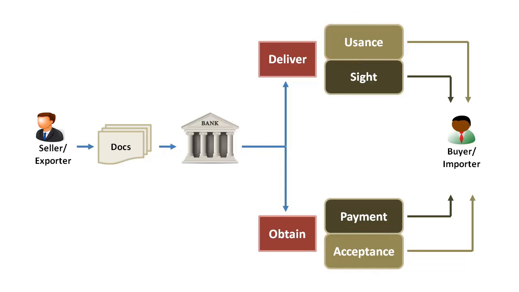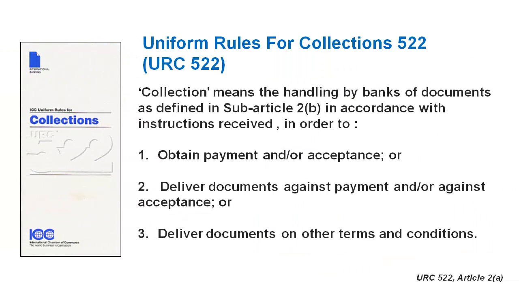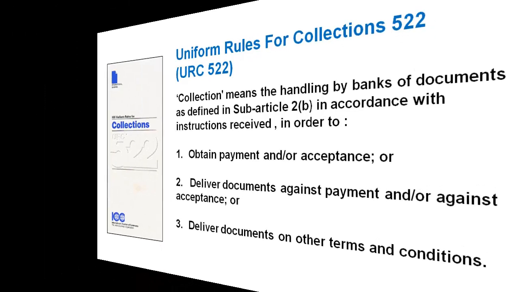Payment under usance documents will be collected upon maturity, that is, after a certain period of time. For example, 30 days after or 60 days after, and so on. So once the bank has delivered and obtained payment, either immediately or upon maturity, the payment then must be remitted to the seller. So this is how to understand this definition defined under Article 2A of URC 522.